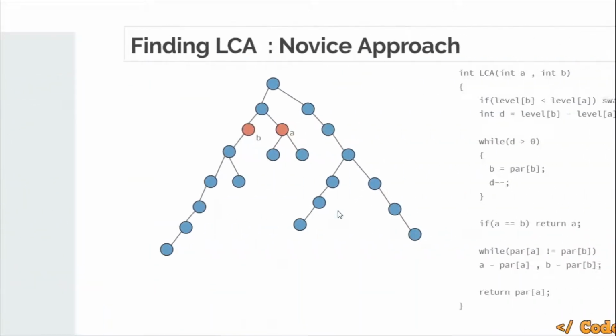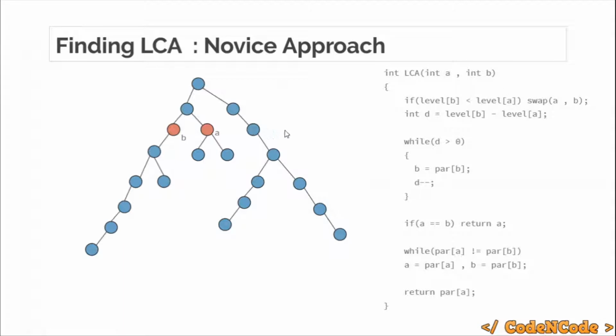So let's continue. If you remember from the previous lecture, the LCA function takes two parameters a and b, which are nodes of the tree, and then we calculate the difference between their levels. If level of b is smaller than level of a, which means a is deeper than b, but we want b to be deeper, so we would simply swap a and b, and then calculate the difference between their levels.